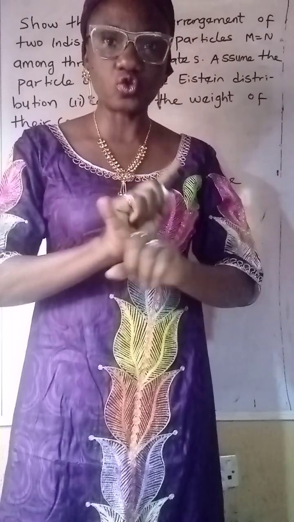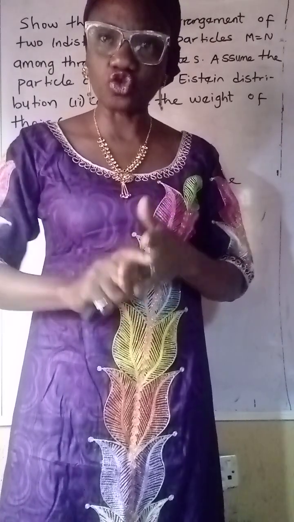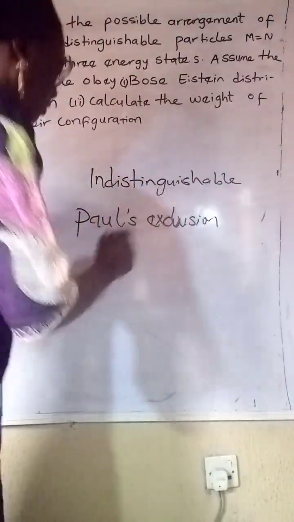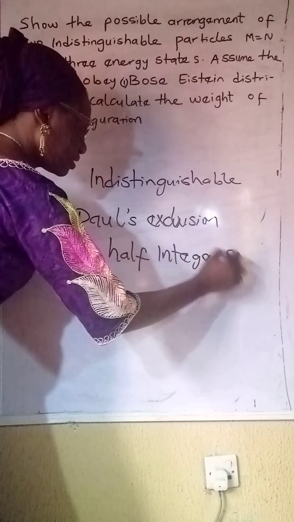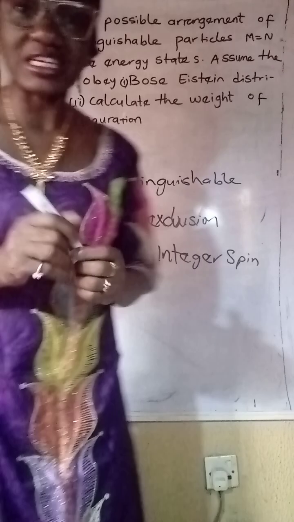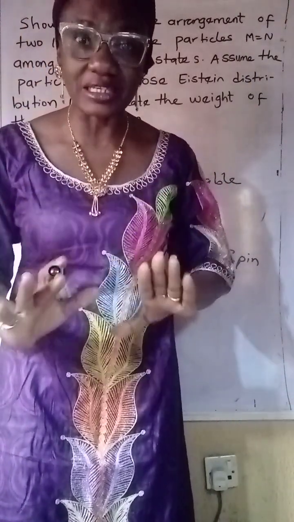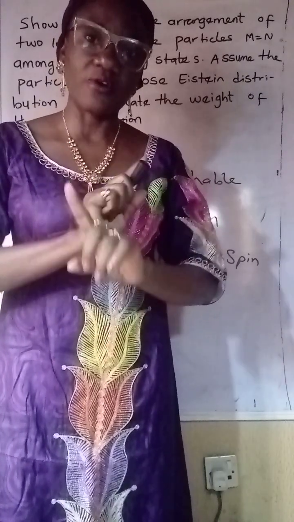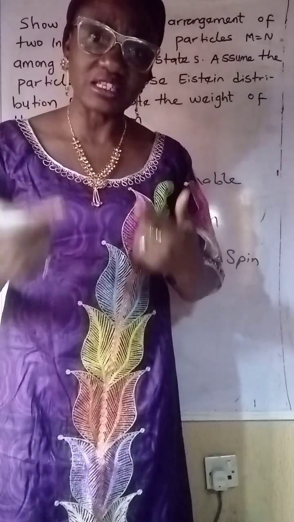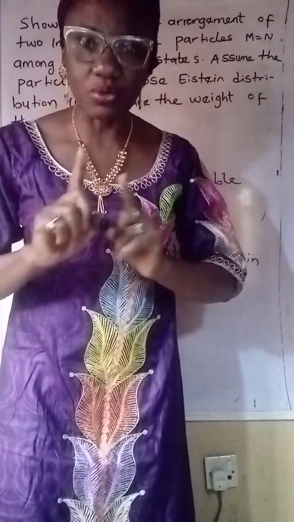It states that no two fermions, particles like proton, electron, neutron with half integer spin, can occupy the same quantum state simultaneously.